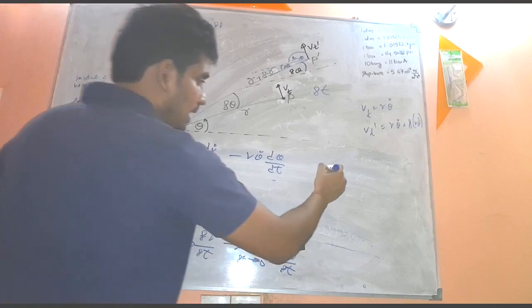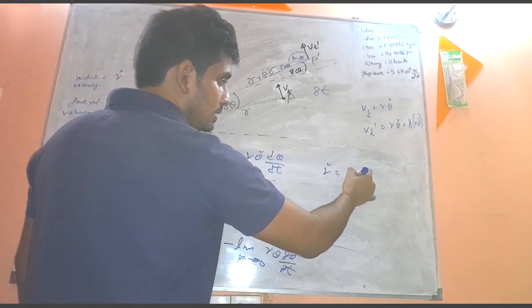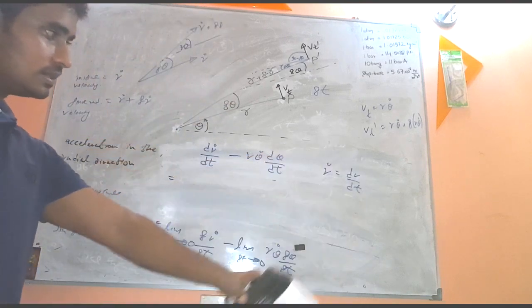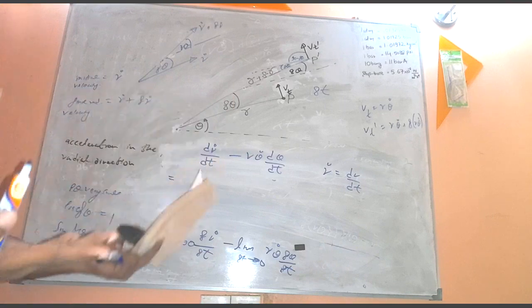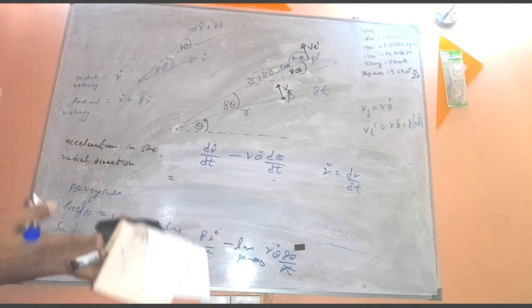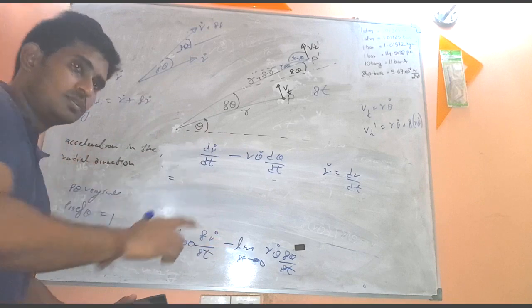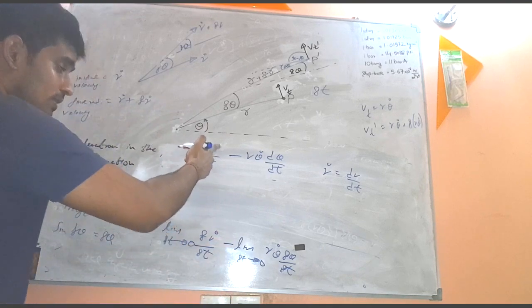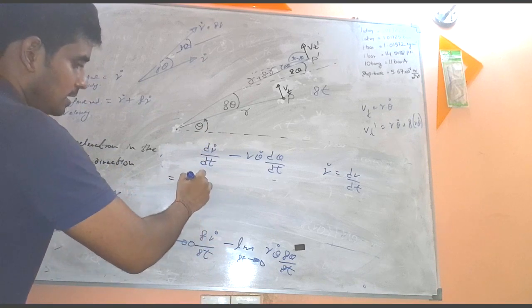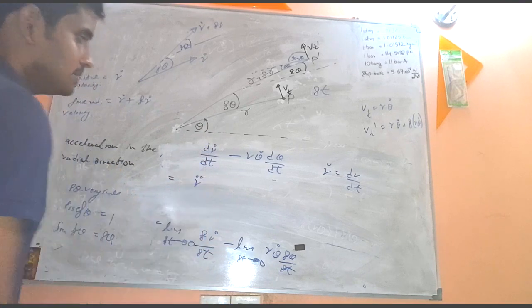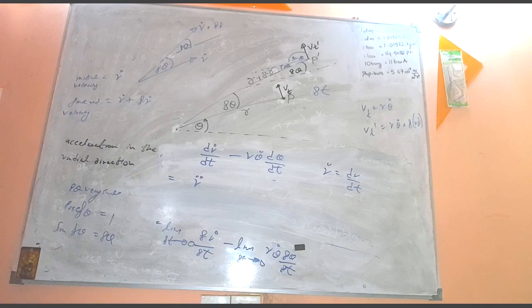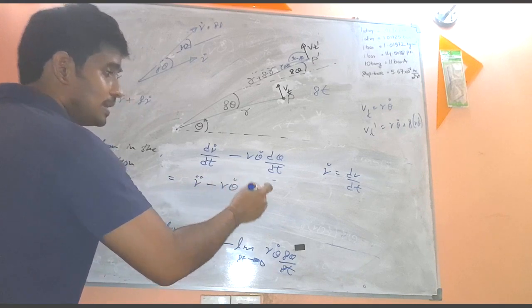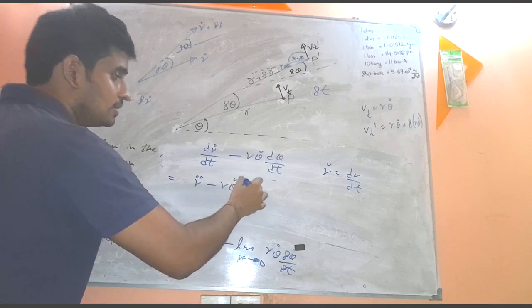We know that r dot is dr by dt, the differentiation of the displacement with respect to time once. So dr dot by dt means r double dot, minus r theta dot times d theta by dt, which is theta dot.